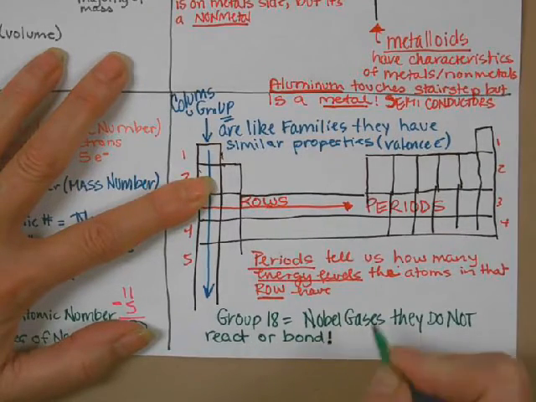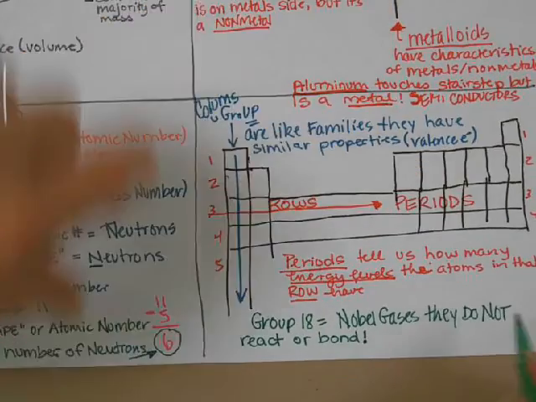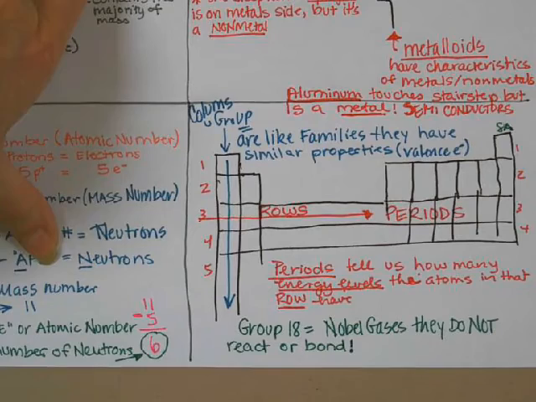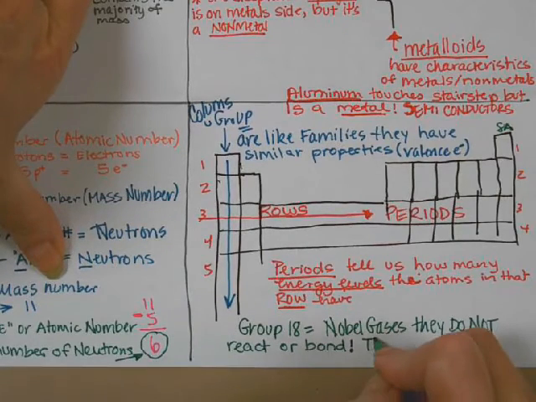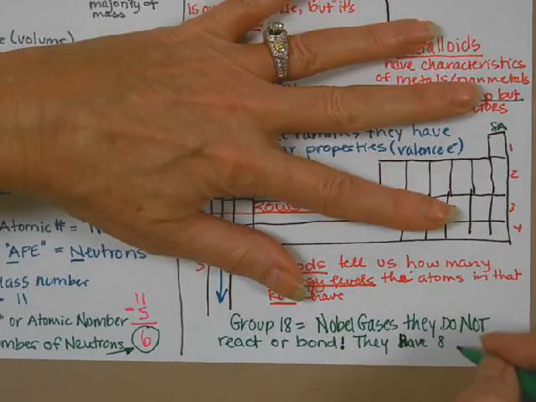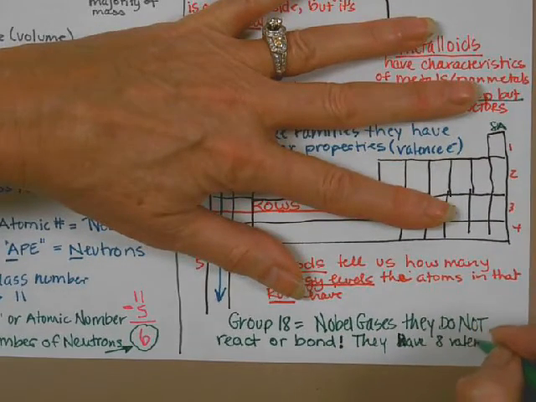They are stable or inert because this group is 8A, meaning 8 valence electrons. They have 8 valence electrons.